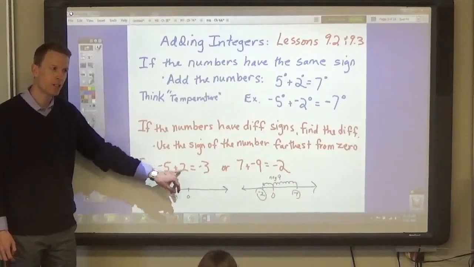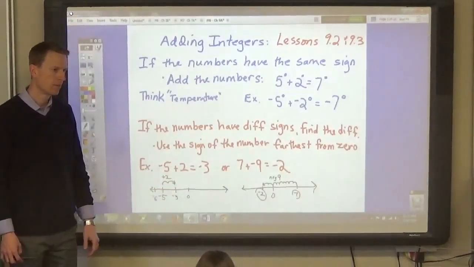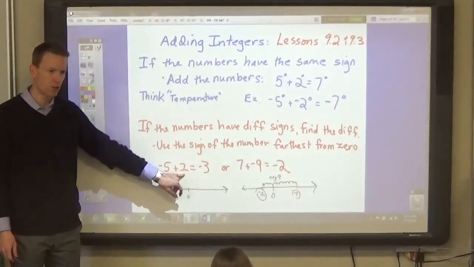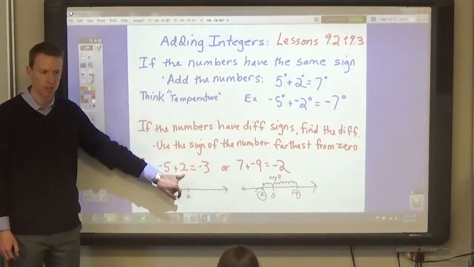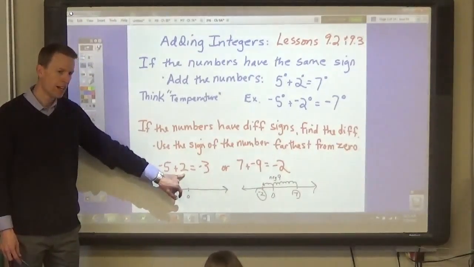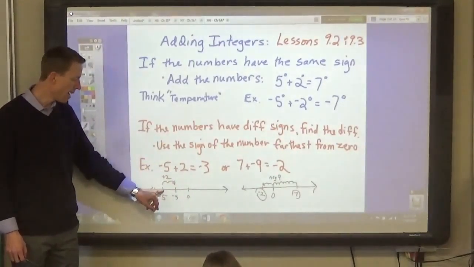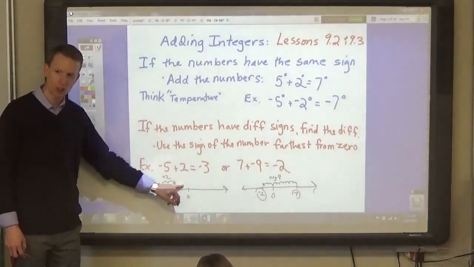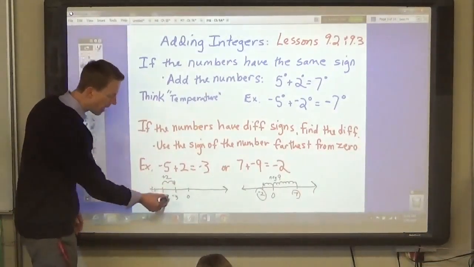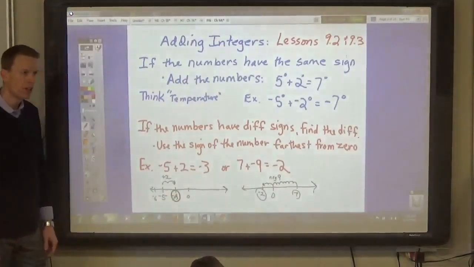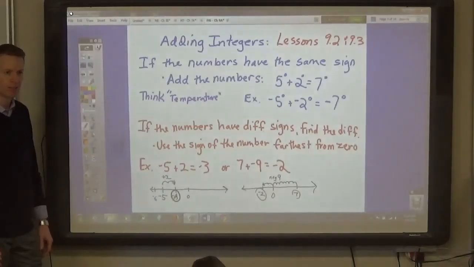You have to find the difference between these two numbers. What's the difference between negative 5 and positive 2? One's a positive and one's a negative. Yeah, so if you start at negative 5 and you go to the right 2 because you're adding 2, you end up at, not 3, you end up at negative 3.